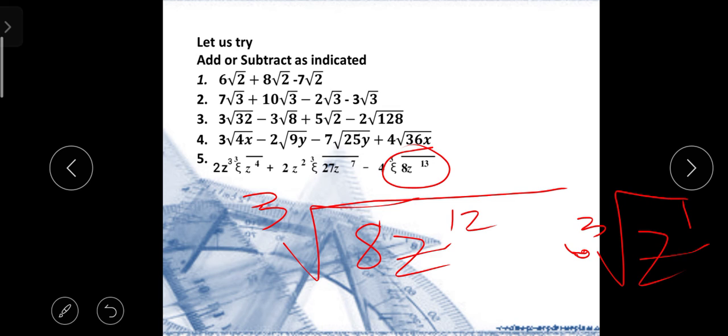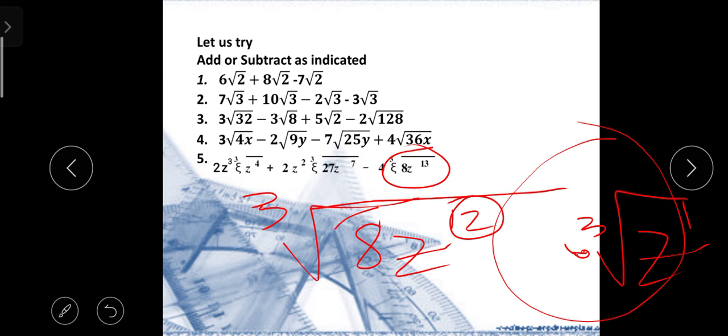Okay? So, yung 8z raised to 12 power is a perfect cube. 2 times 2, 4 times 2 is 8. So, perfect cube po yung 8. So, ilalabas na din natin to. Ang maiiwan ay si cube root of z. So, ito po ay magiging 2z raised to the 4th power.